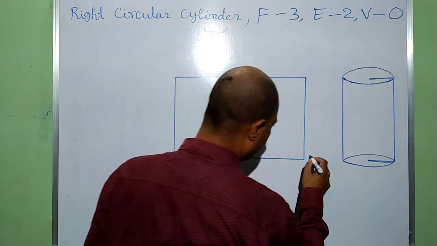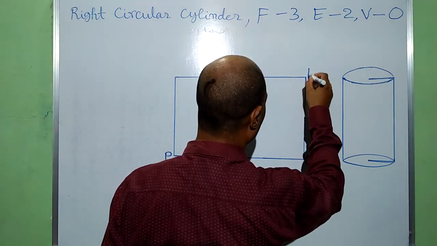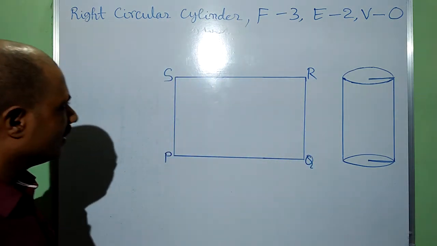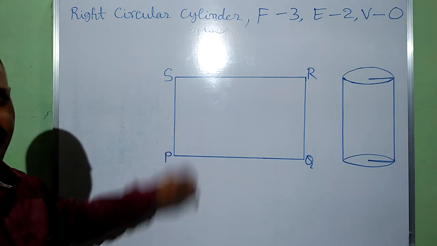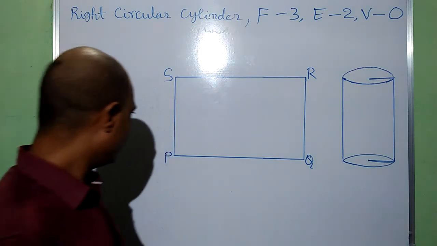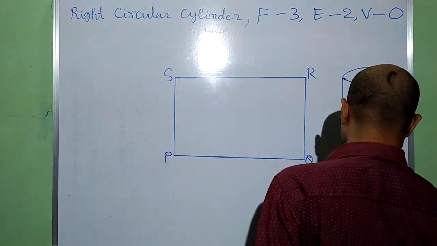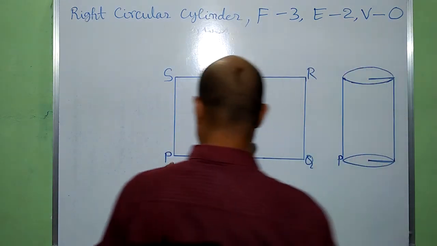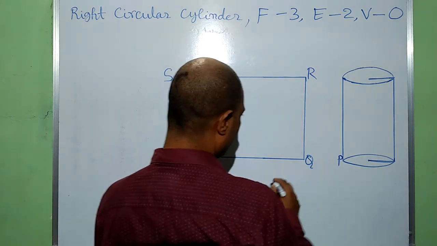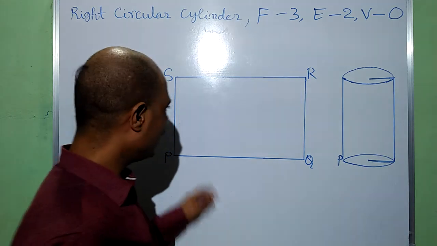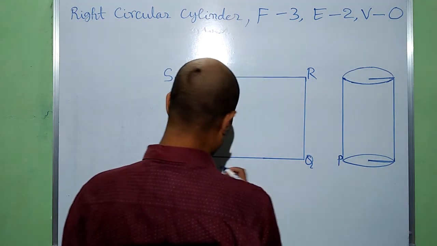Here P, Q, R, S is a rectangular plane sheet. We have to shift this P to this point. Then we have to round this rectangular sheet like this.